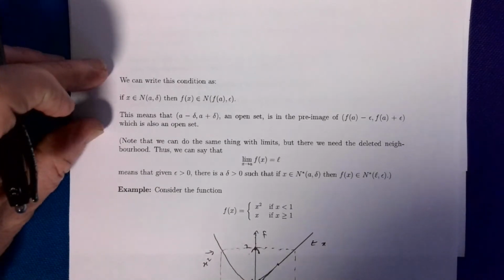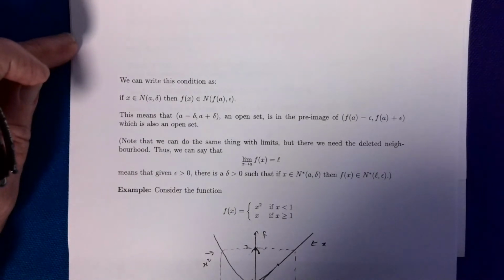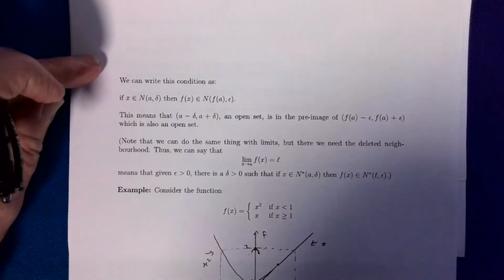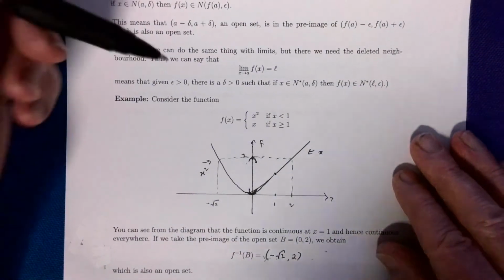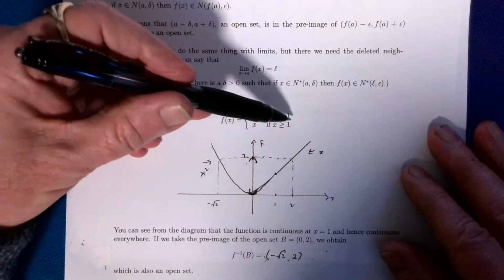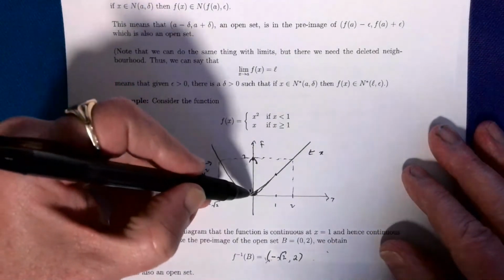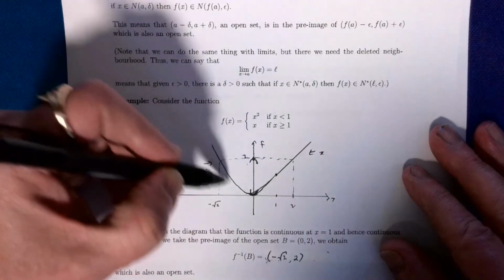Now, we've seen an example of a discontinuous function where the pre-image of an open set was not open. On the other hand, here's another example where f(x) is x squared if x is less than 1. So that's our old friend y equals x squared all the way up to here, this part of the curve.